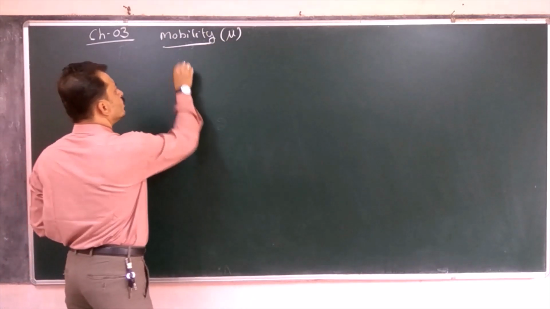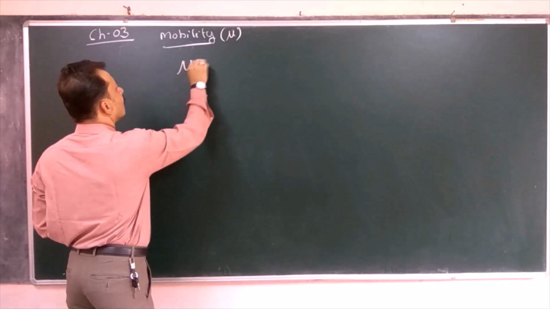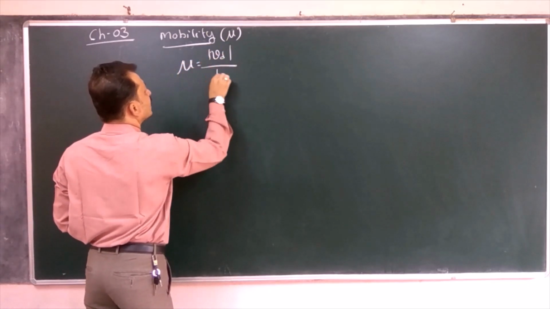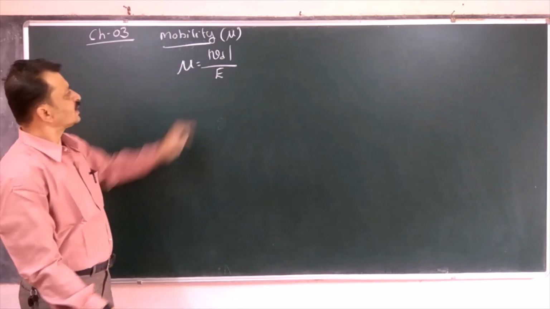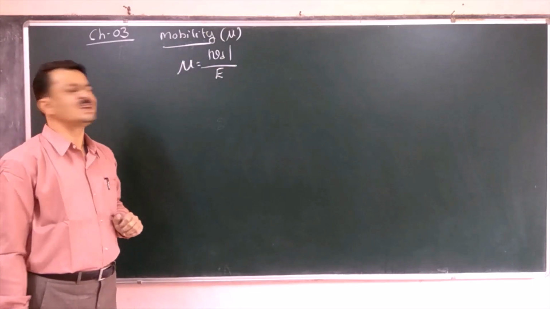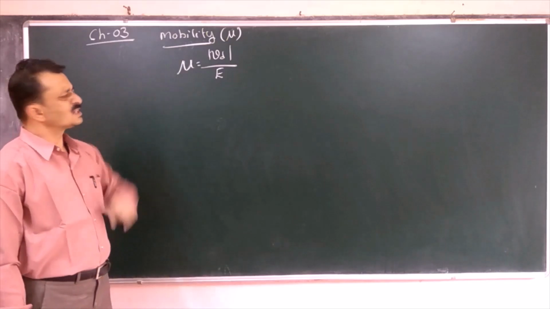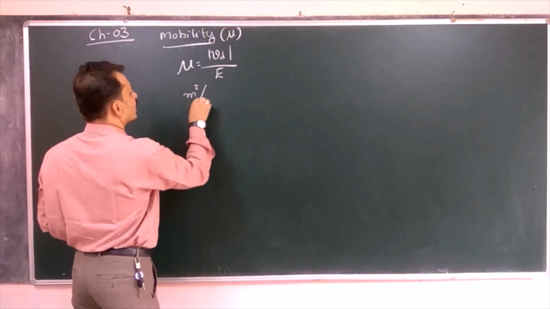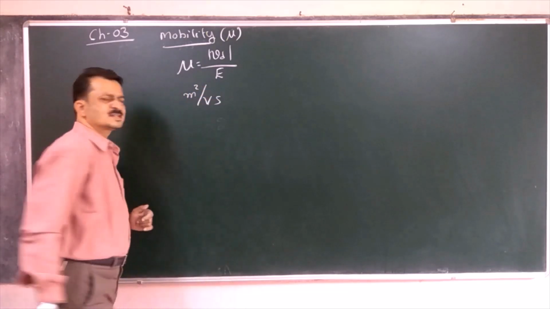So mu is equal to the magnitude of the drift velocity divided by the electric field. That ratio we call the mobility of the electron. From this relation, what is the SI unit? The SI unit is meter square per volt second.